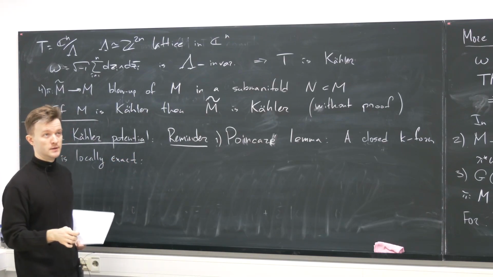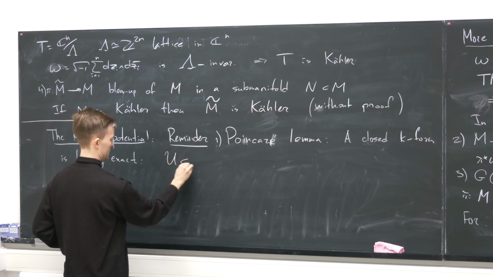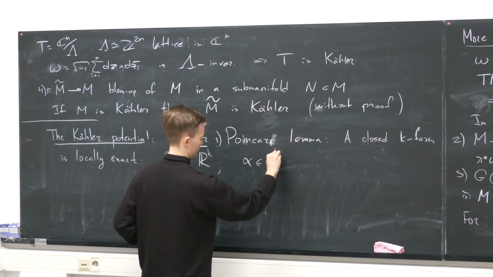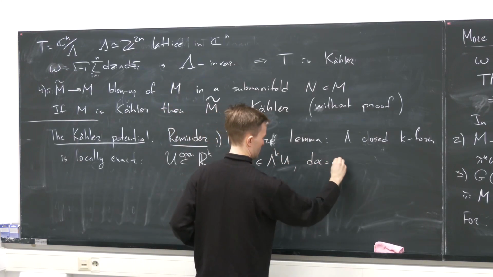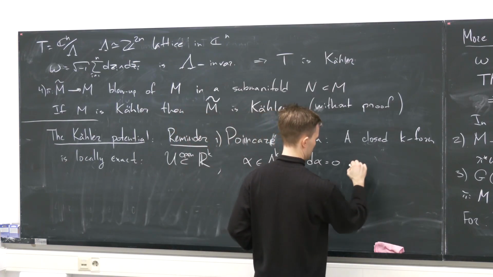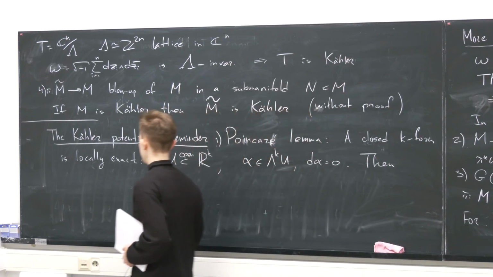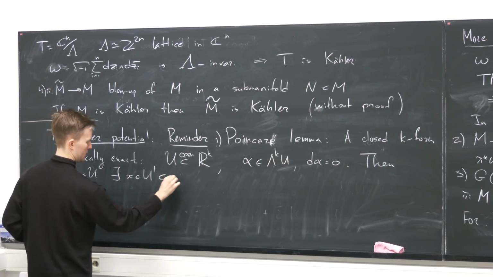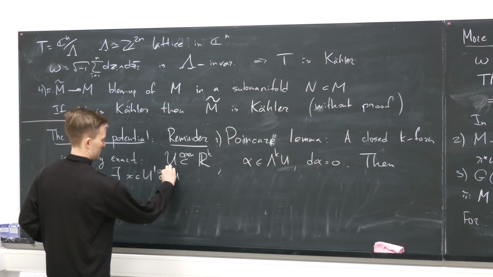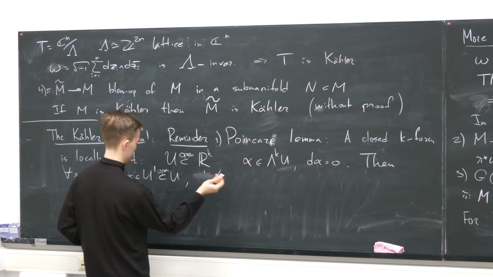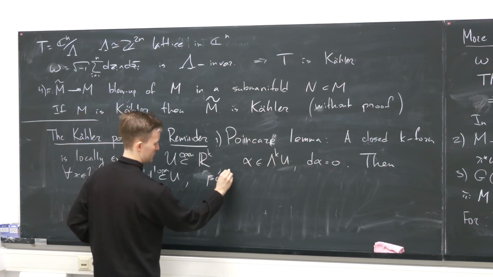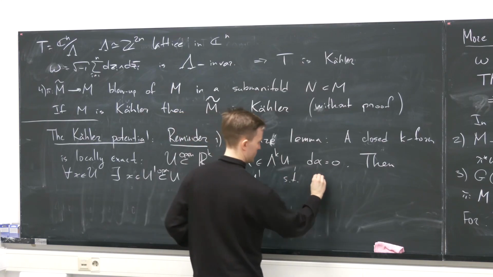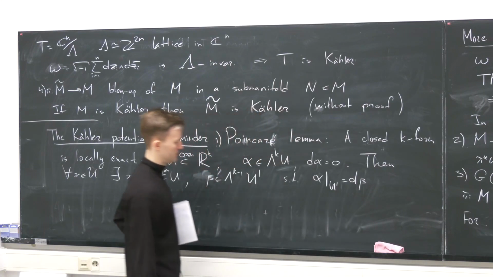What it means is that if you have some open subset in Rk, for example, and you have some k-form on this open subset which is closed, then any point has a smaller neighborhood U prime such that there exists some (k-1)-form beta on U prime such that the restriction of alpha to U prime is the differential of beta.